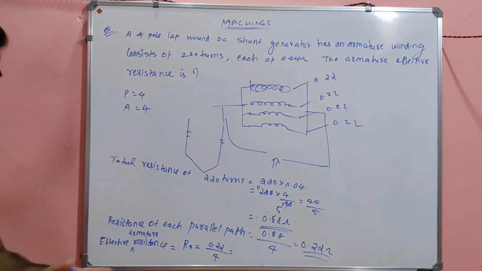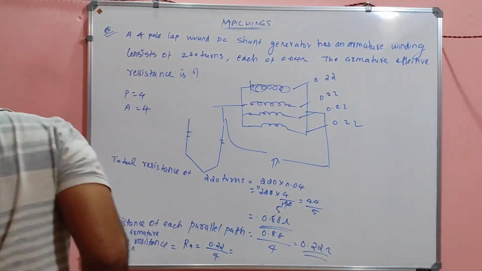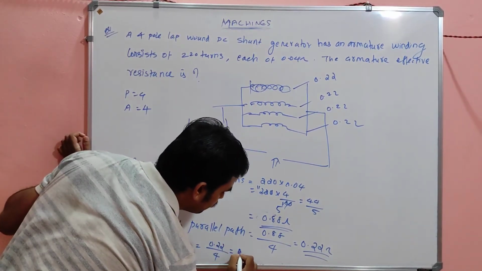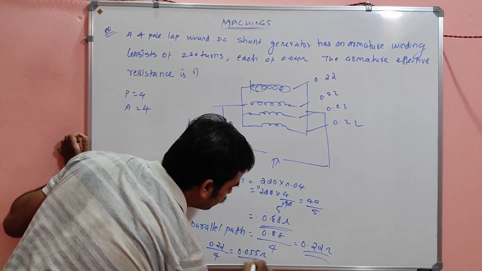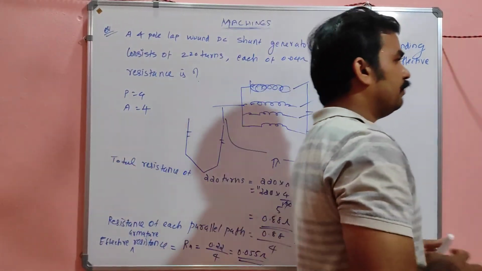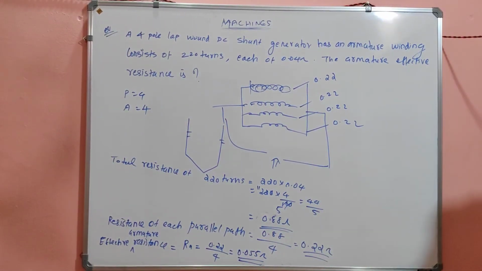So dividing by 4 will give you the effective value. 0.22 by 4 means 0.055. So that is the final answer, my dear. 0.055 ohm is the final answer.